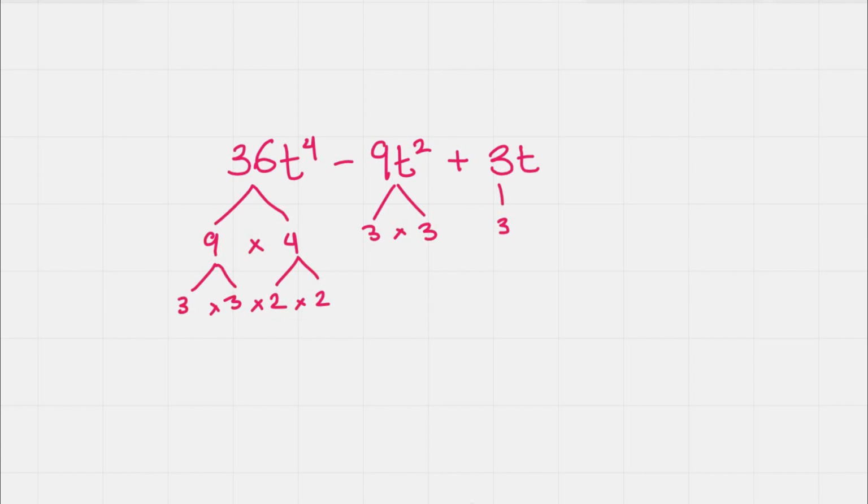Now let's circle the factors that they all have in common, which in this case would just be 3. So the number part of our GCF is just 3, and now let's figure out which variable is raised to the smallest power. And that would be in our third term where t is raised to the first power. So the greatest common factor of this polynomial is 3t.